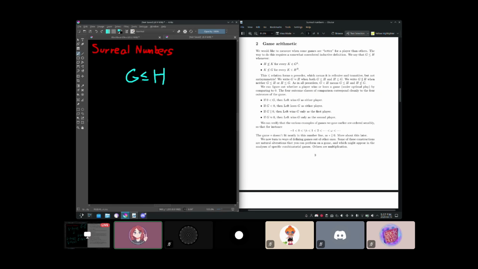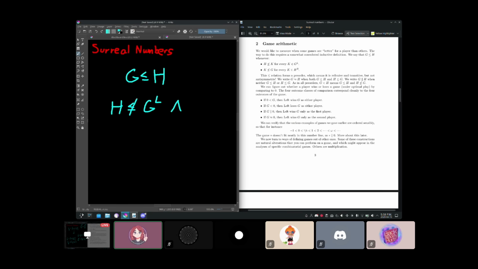We're going to say that G is less or equal than H whenever, and this is going to be kind of weird, H is not less or equal to k, for every k in the left set of G. I'm going to abuse notation because most authors just do this: instead of writing an element of the left set of G, I'm just going to write k to refer to an arbitrary element of the left set of G. So basically, this has to hold for all left elements, not just one.